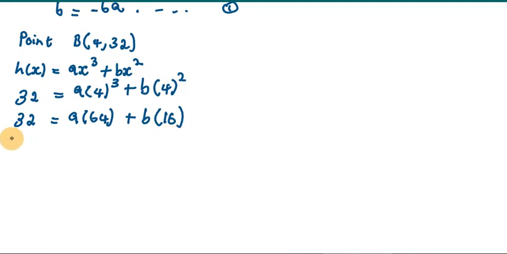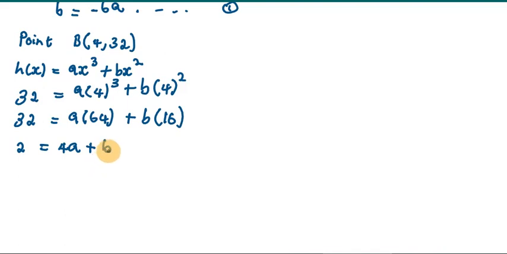Dividing throughout by 16, 32 divided by 16 gives 2. If you say 64 divided by 16, you get what? 4. 4 times a is 4a. Okay? Plus 16 divided by 16 is b.